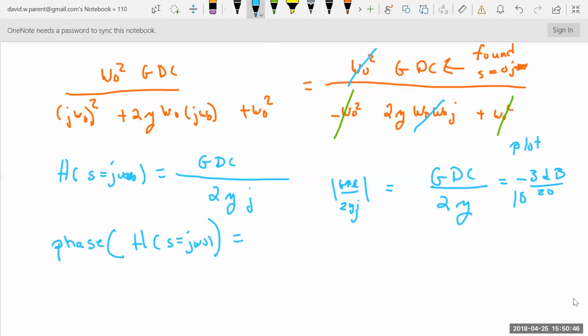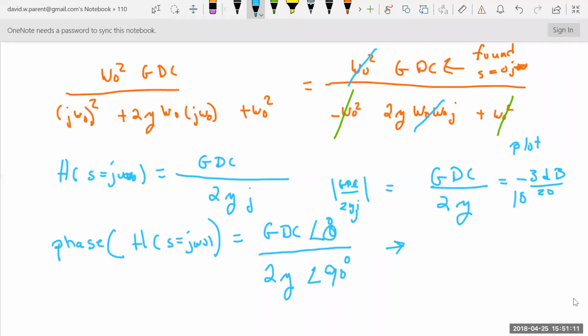Well, you have gain DC, because this is the spot we're looking at, right? At a phase angle of 0 degrees. Then we have 2 times the damping coefficient. And what's j? Plus 90 degrees, right?